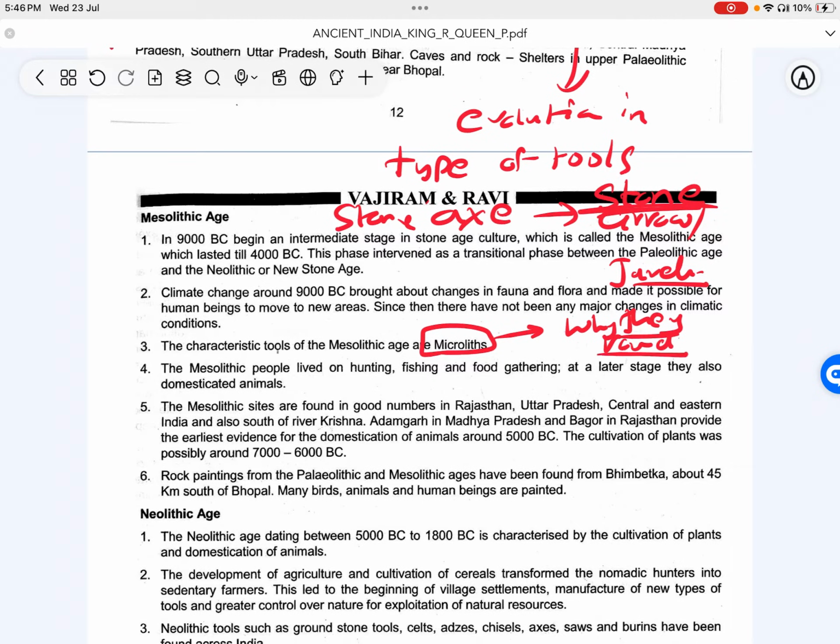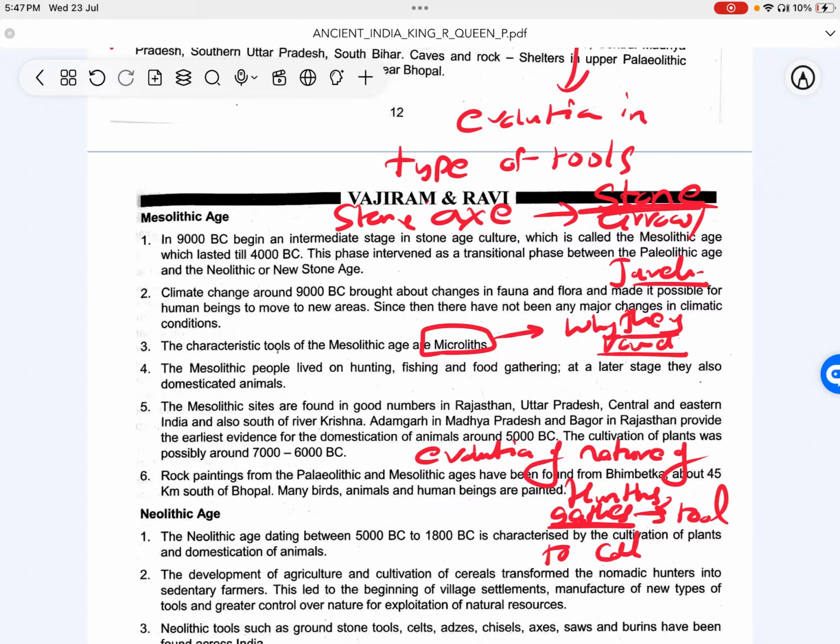This is the evolution in the nature of hunting and gathering, because for gathering also they needed some kind of tools to collect or pick up. It depends on what they were foraging for, and mostly it was memory based. I'm not here to explain all these.